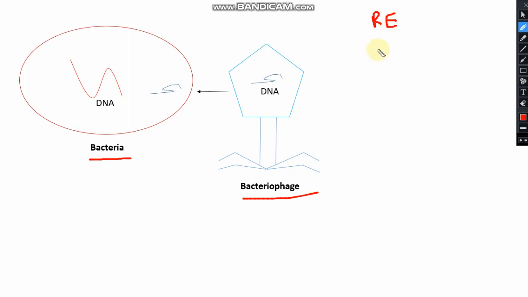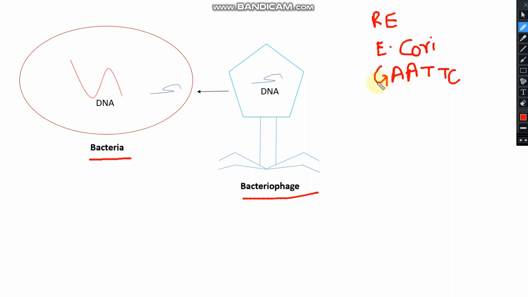So for example, in the E. coli system they have one of the restriction enzymes, and this restriction enzyme finds this kind of sequence, and they cleave this sequence.